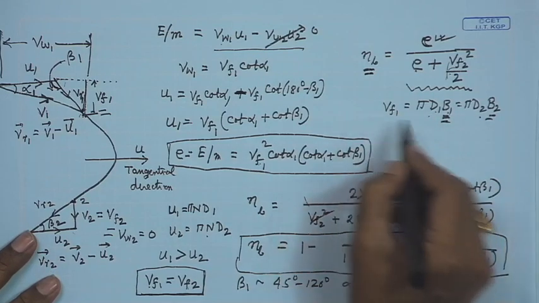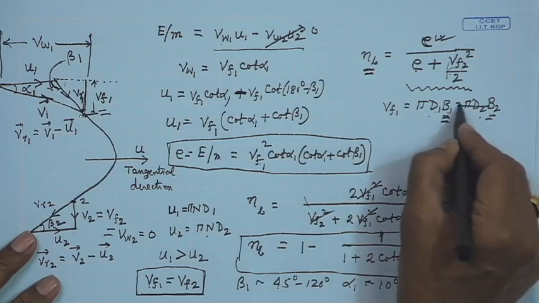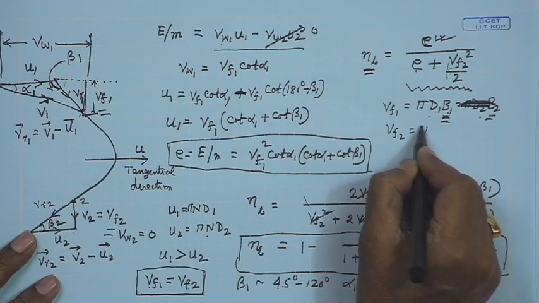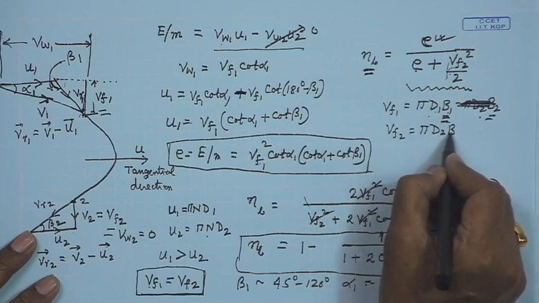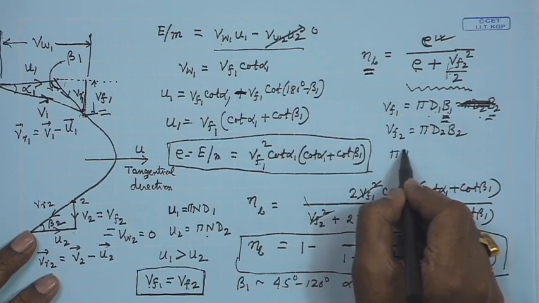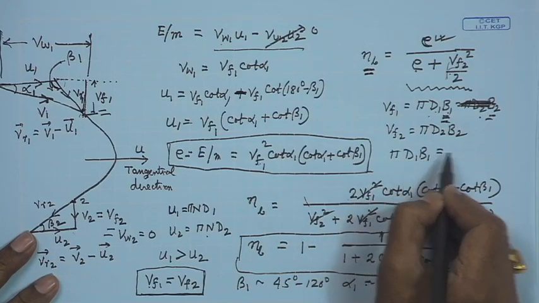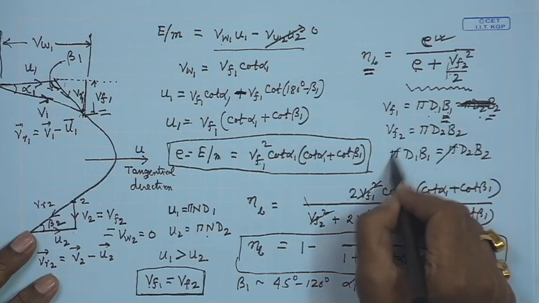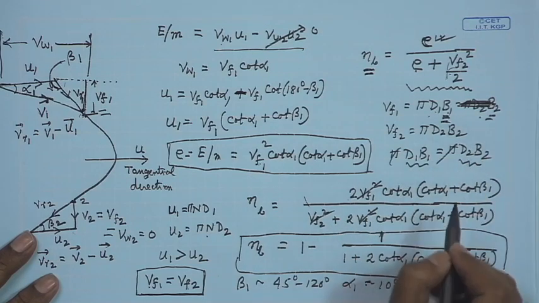So, Vf1 is this, I am sorry, and Vf2 is pi d2 B2. First line we should not write this, since Vf1 is Vf2. So, pi d1 B1 is equal to pi d2 B2. So, therefore, d1 B1 is equal to d2 B2.